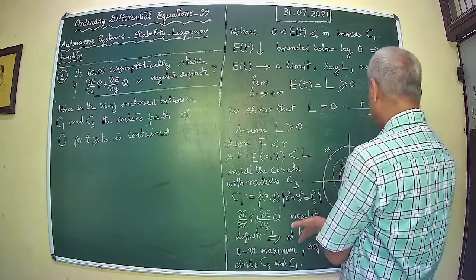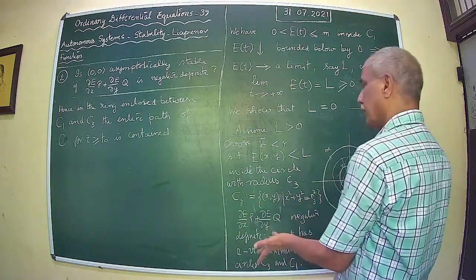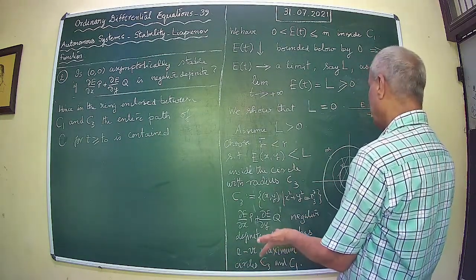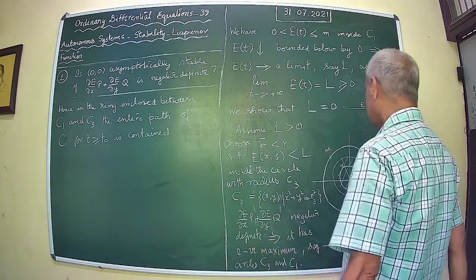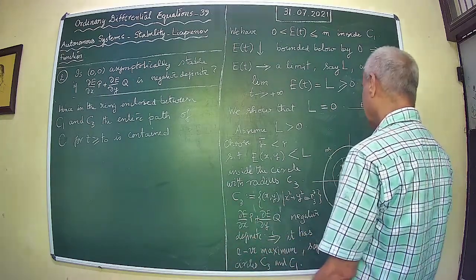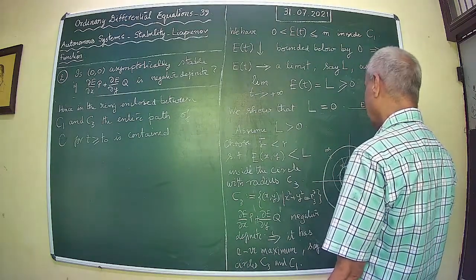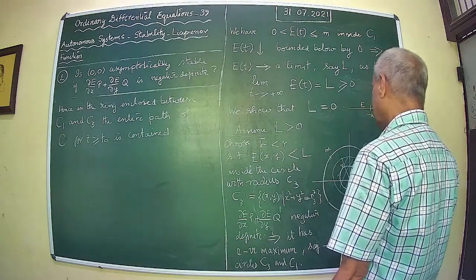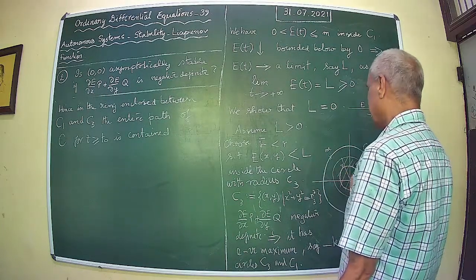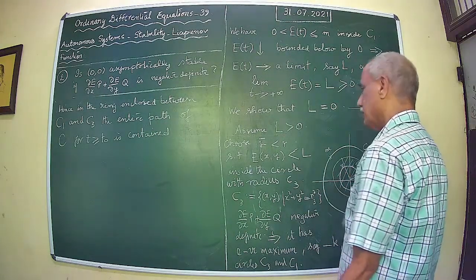So we have already enclosed a region where the value of E is greater than this particular L. That is the reason.